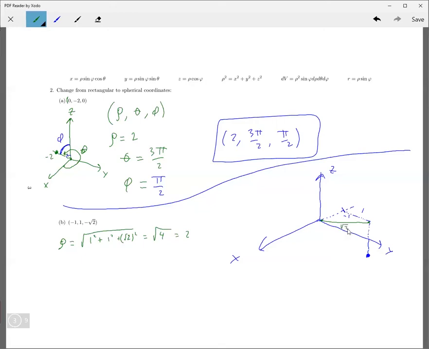That's √2, right? Because that's -1 and that's 1, right? Okay, so hold on a second. I got distracted. We're supposed to be figuring out what is theta first, right? Theta is going to be this angle here.